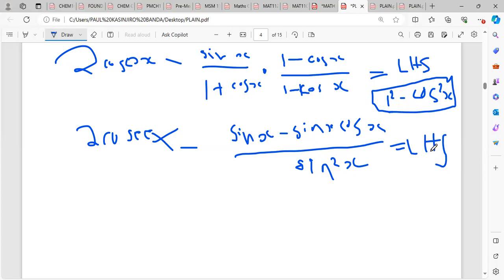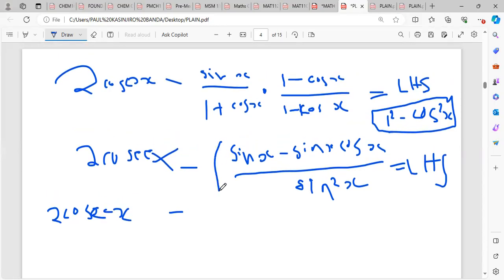Okay, so now let's simplify whatever we have. We are going to divide that sine into each of those terms. The cos x remains intact, but the sine squared x will go into the sine x, and it also goes into the sine x cos x. This should be in brackets.